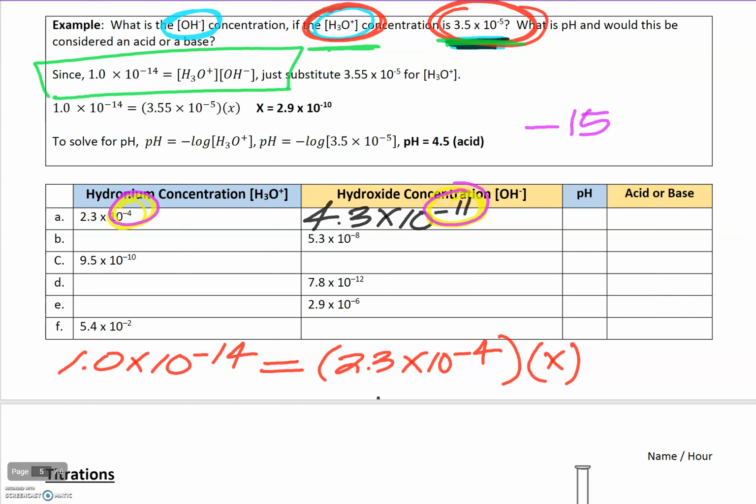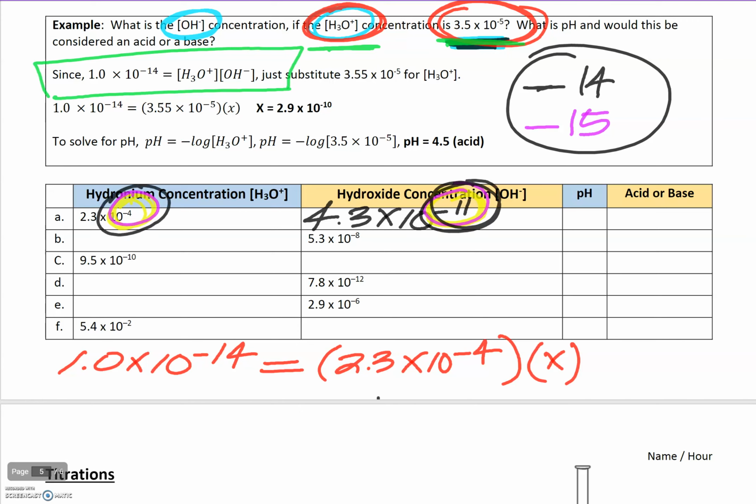Now, if you get a situation where you have clean values, meaning there's no decimal, it's just a whole number like 7 times 10 to the negative 12th, where you don't have any decimal values, then it will add up to negative 14. So basically, they better add up to negative 14 or negative 15, or they're going to be incorrect. That's just the exponent value, right? Something that can help you out when you're running through this.